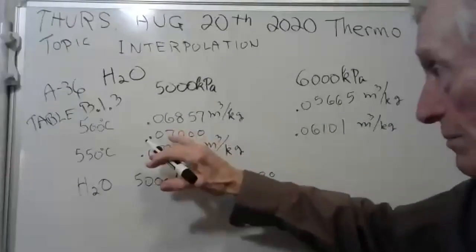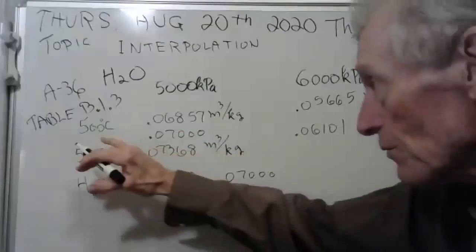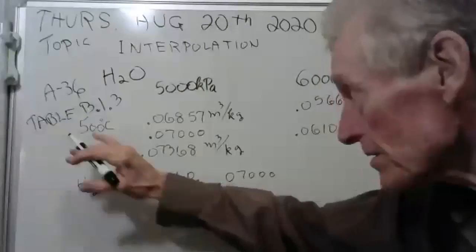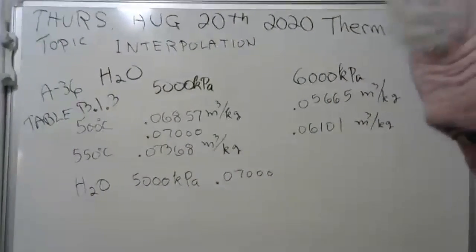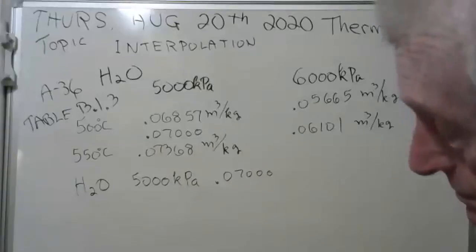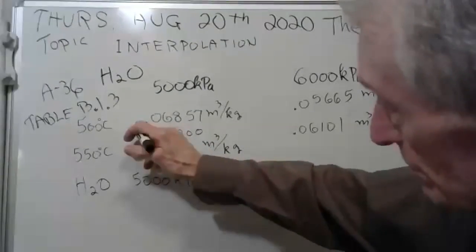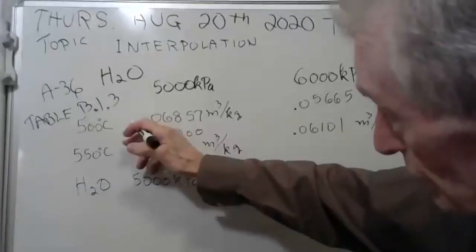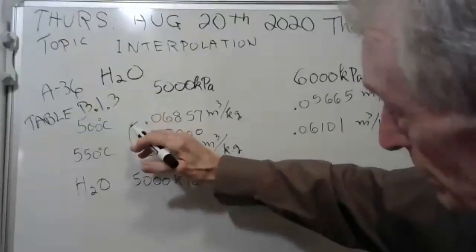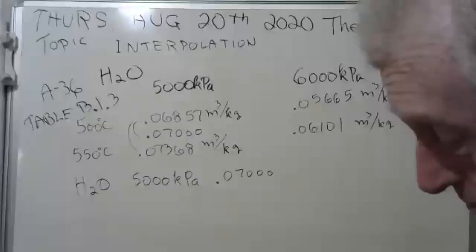See, it's in between those two, and we're trying to find this. What you have to do is find the fraction or the percentage from here to here versus from here to here.